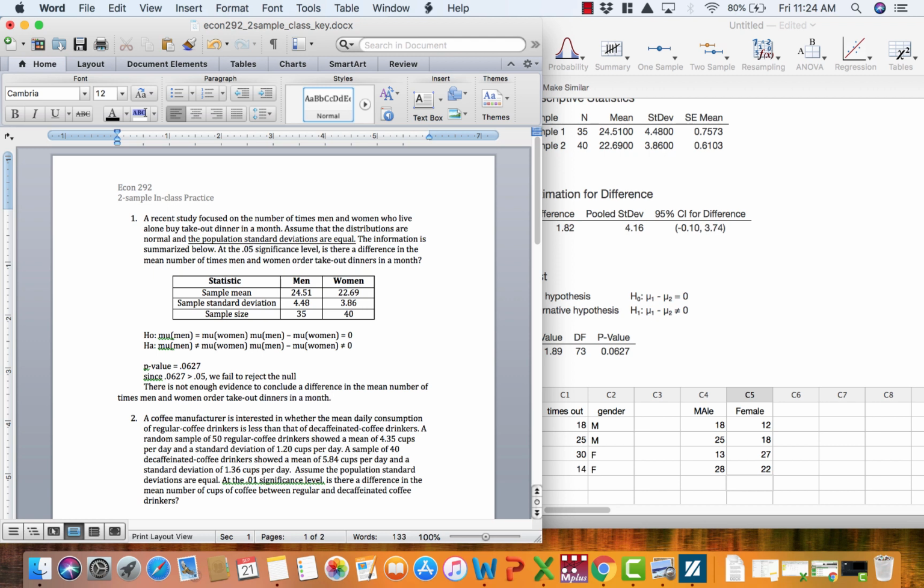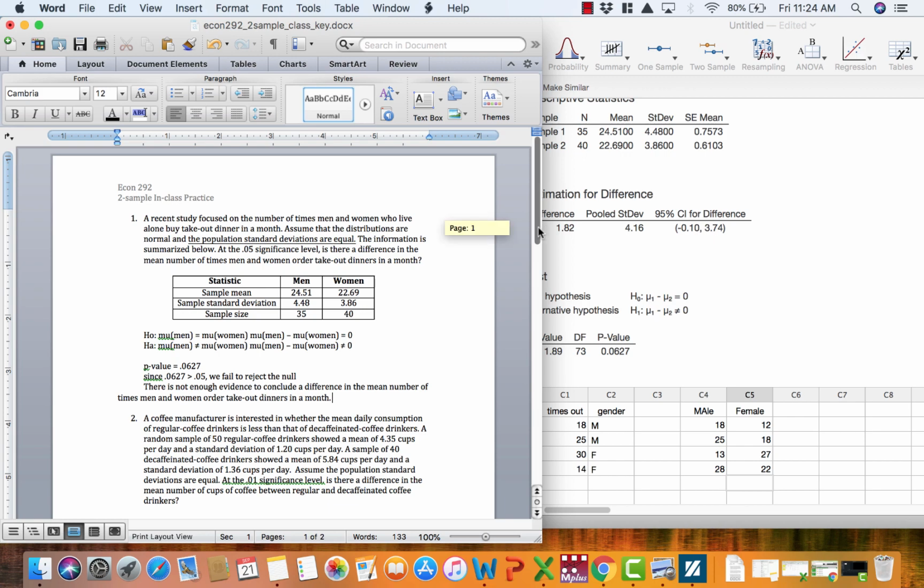There is not enough evidence to conclude a difference in the mean number of times men and women order takeout dinners in a month. Okay, so if we had rejected the null here, then we would have concluded that yes, there is enough evidence. All right, but since we failed to reject the null, we conclude there is not enough evidence.